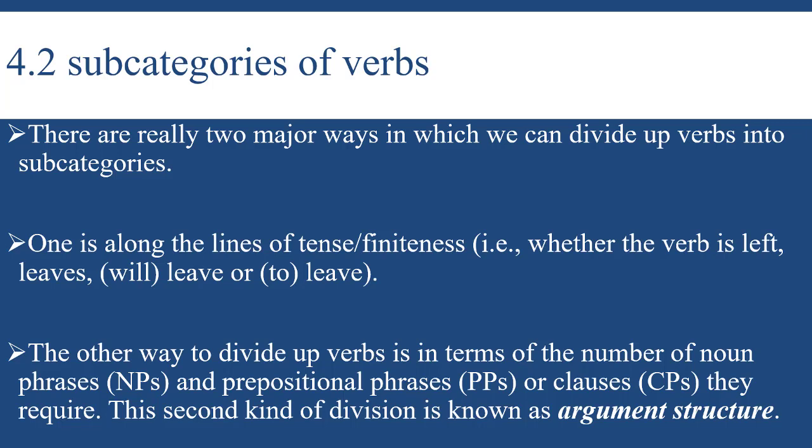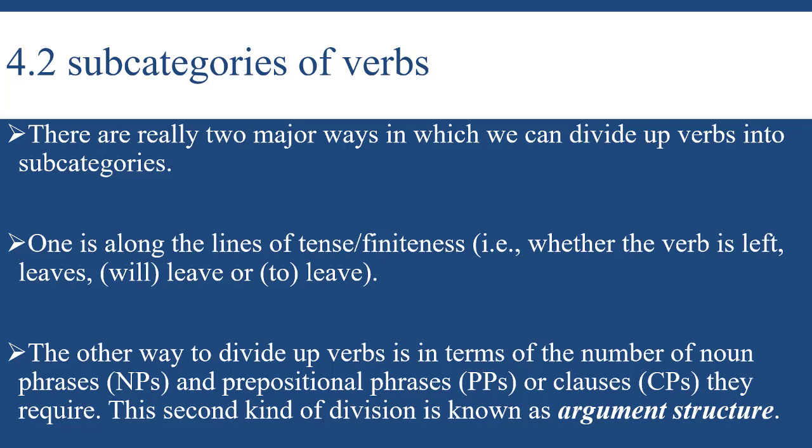The other way to divide up verbs is in terms of the number of noun phrases, NPs, prepositional phrases, PPs, or clauses, CPs, they require. This second kind of division is known as argument structure. When talking about argument structure, we're talking about the NP, PP or CP that a verb can take.